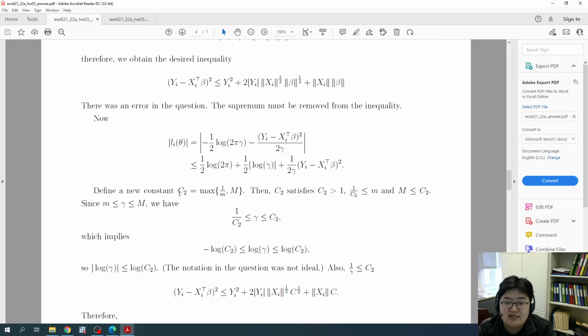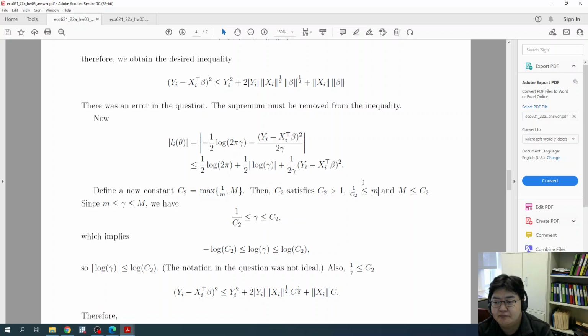Like in this case, I define another constant, which is the maximum of two constants. These are constants, so their maximum is also a constant, and it cannot be infinity because each of them is not infinity. And then we have C2 must be greater than 1, right?